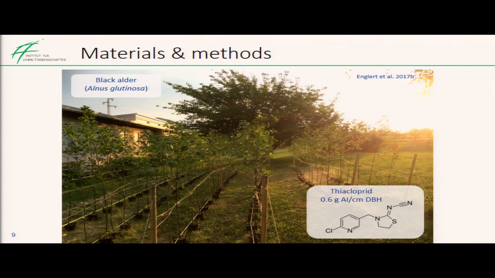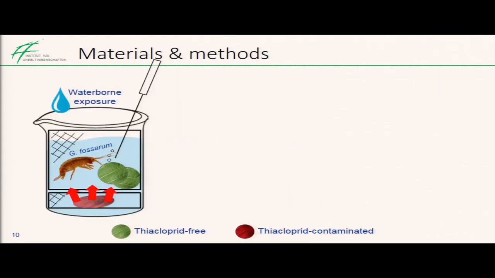And with this leaf material, we have done a multifactorial or two-factorial test design. One was simply looking with the shredders again into their response in terms of feeding and different other variables when they were feeding on control leaf material, but the thiacloprid was able to leach from the leaf material into the water, but the organisms didn't have access to this leaf material.